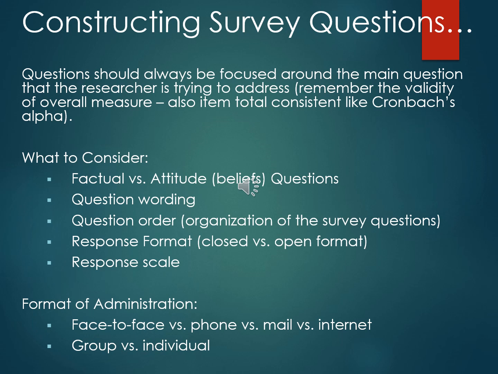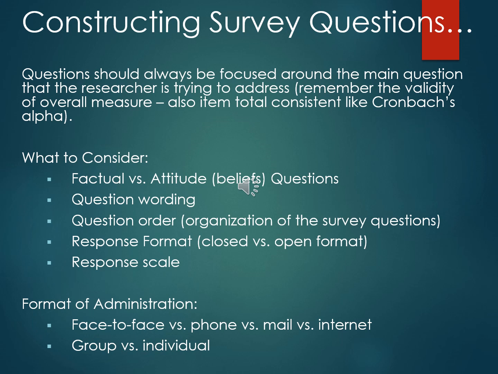In this slide, I listed some of the important things to consider when you are constructing a survey. Number one, you need to consider whether the survey questions are about factual information or attitude or belief. You also need to think about question wording. Also, question order, or organization of the survey questions, affects the response.